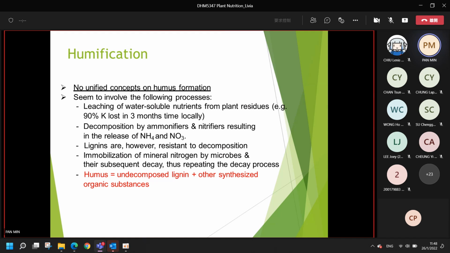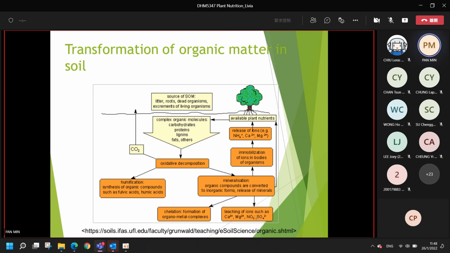So the humus equals the undecomposed lignin and other synthesized organic substances. And here shows the transformation of organic matter in the soil.